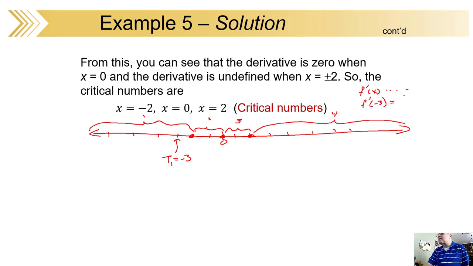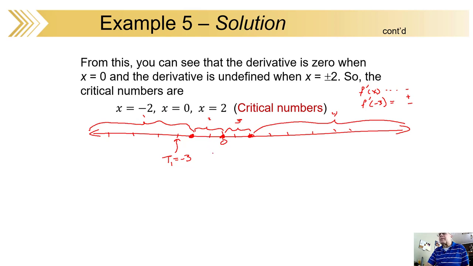All you care is, are you getting a positive value or a negative value? It doesn't matter what the magnitude is, just whether it's positive or negative. If it's positive, that means this function is going to be increasing here. If it's negative, then the function is going to be decreasing in this interval.